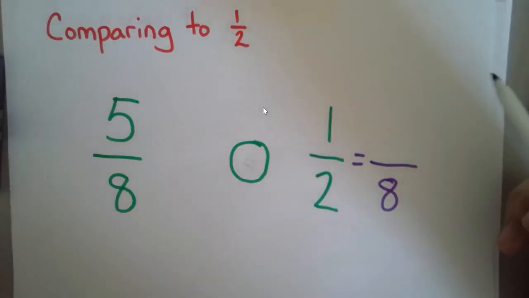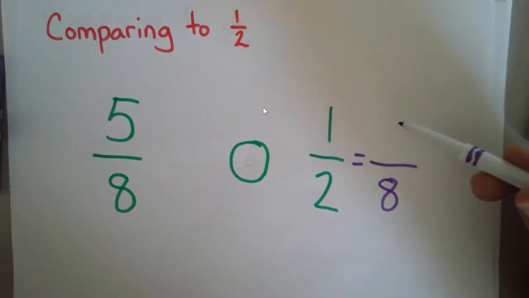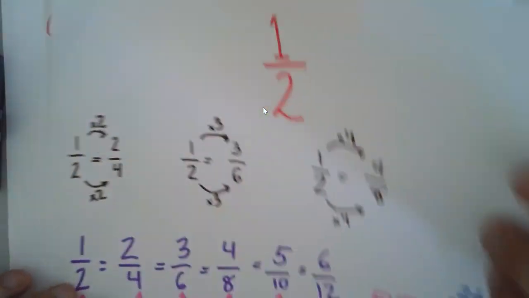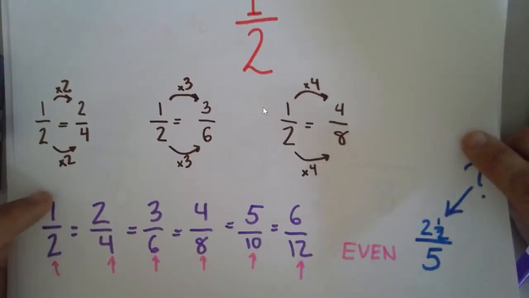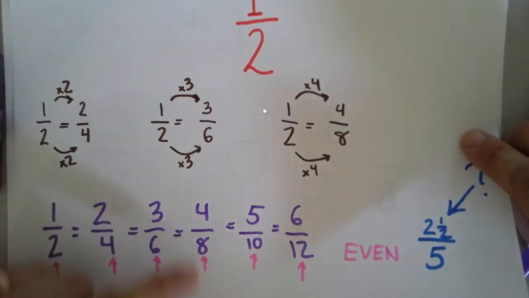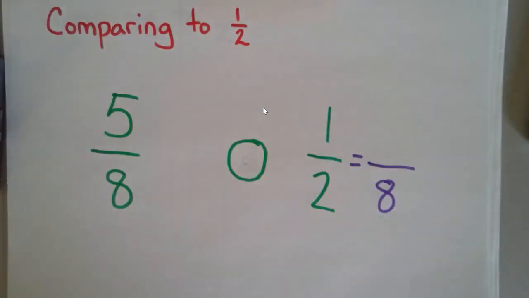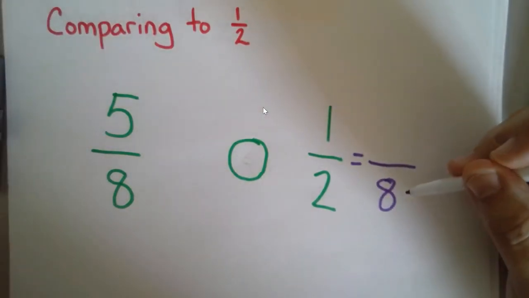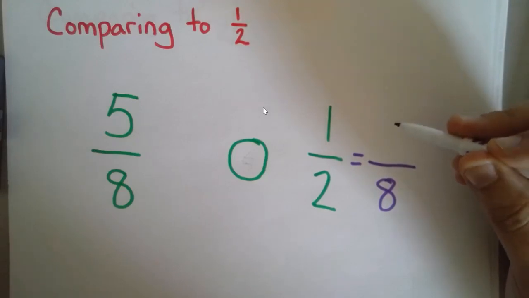There are a couple ways that I can try to figure this out. One way that I could do this is to say what's half of 8? Because remember in our last page, we were saying that with our equivalent fractions, 1 is half of 2, 2 is half of 4, 3 is half of 6, 4 is half of 8, and so forth. First, I might just memorize what the fraction is from my table that I made before, but I can also say, what's half of 8? I know that that answer is 4.